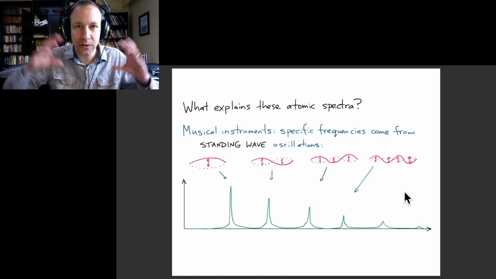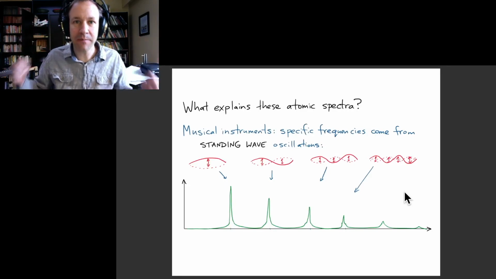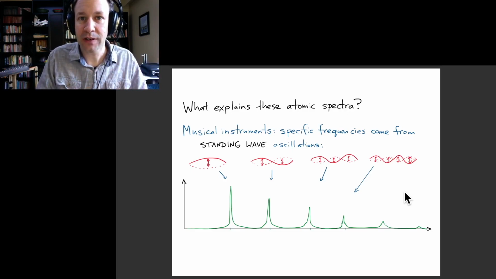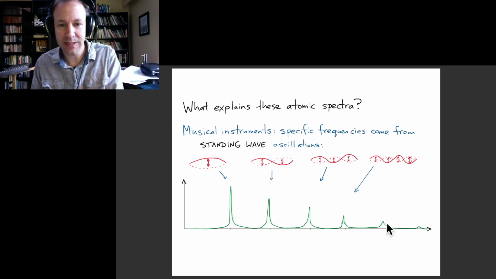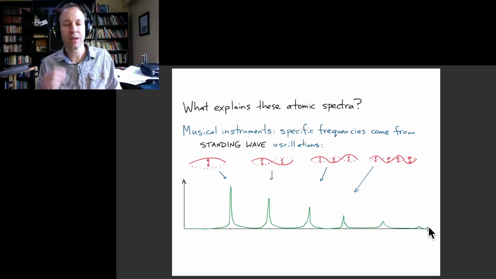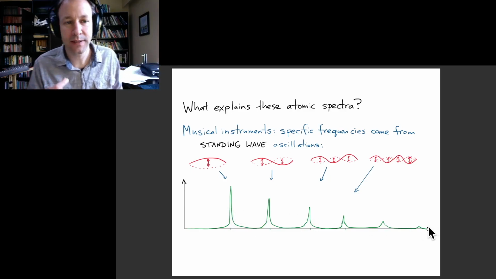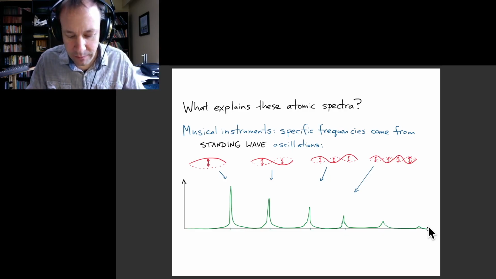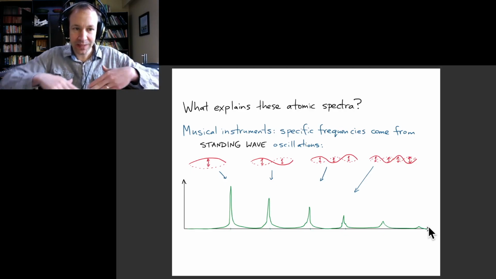Okay, so our starting point is going to be to remember why it is that the spectra of sound from a musical instrument has these very specific peaks. And remember, the reason was that in a musical instrument, the sound originates from standing waves.